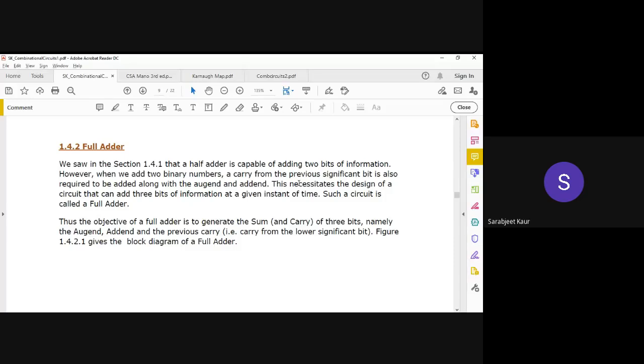So even for the most simplistic additions, full adder is generally what is required. Is this clear to everybody? Yes, ma'am.